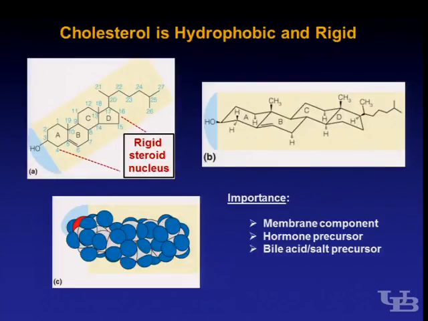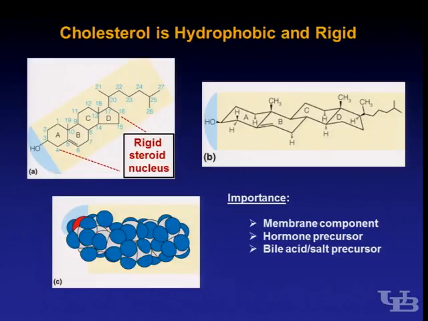Okay, so the third major component in biological membranes is cholesterol. So structure dictating function. This is just three different views of it. The important thing is that the core is this rigid steroid nucleus, this rigid ringed structure.